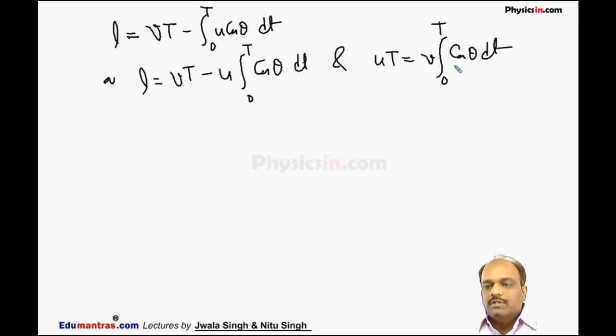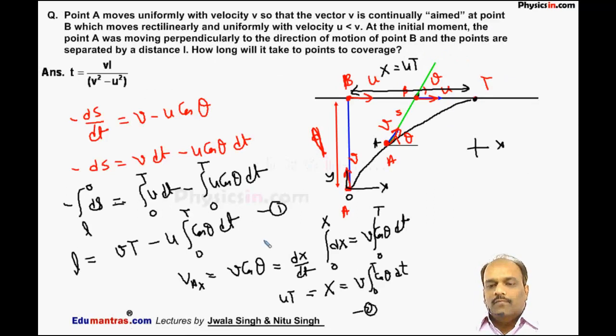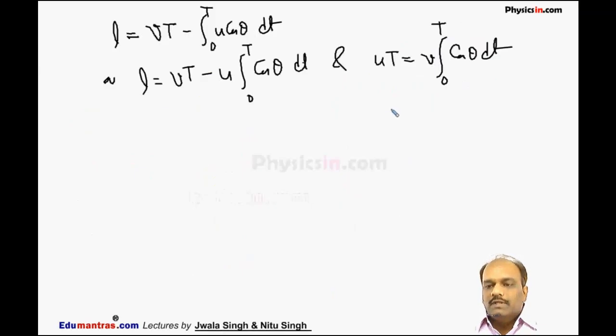This is our first expression, this is our second expression. From the second we can say integration of 0 to t cos theta dt is equal to u into t by v.